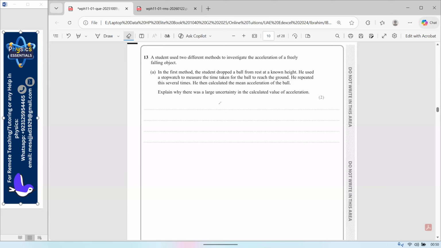Of course, when you are pressing the stopwatch to start and stop it, you have some kind of reaction time. Some children will do it quickly, some will do it late, some will do it precisely, some will do it with some mistakes. So therefore, you have to say that there will be a big human error in the measurement of time.